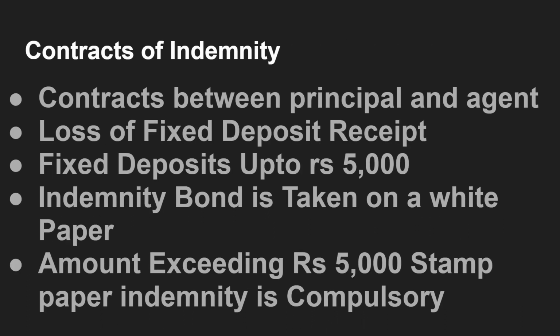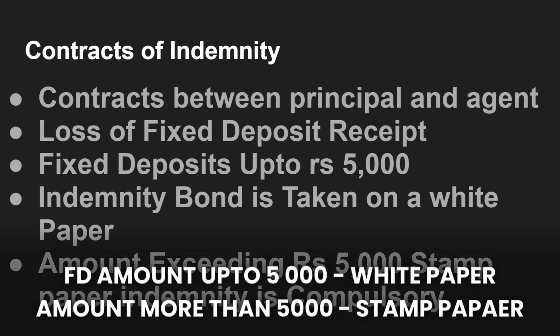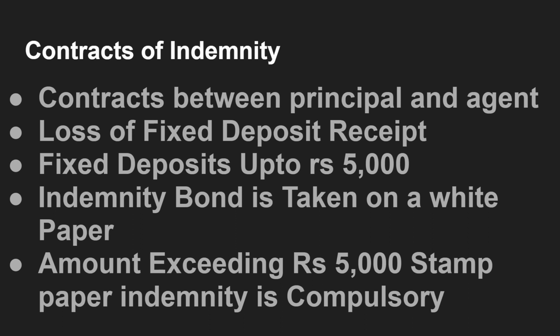Now, contracts between principal and agent are contracts of indemnity. Whatever the agent is doing, the principal will be liable for that. Another example is loss of a fixed deposit receipt. The bank also will take the indemnity. If the fixed deposit value is up to 5,000, they will take the indemnity only on a white sheet, because the depositor is going and telling that I lost the receipt.